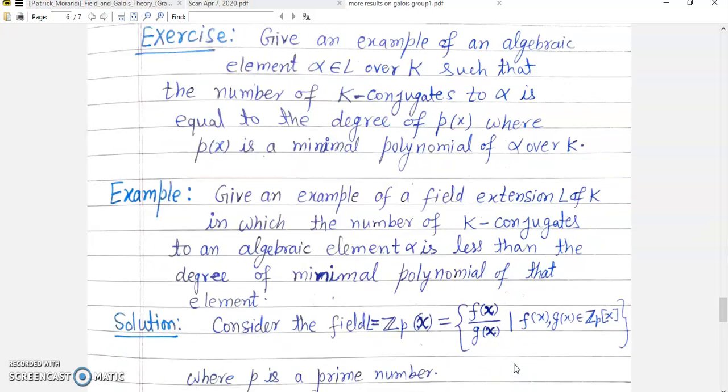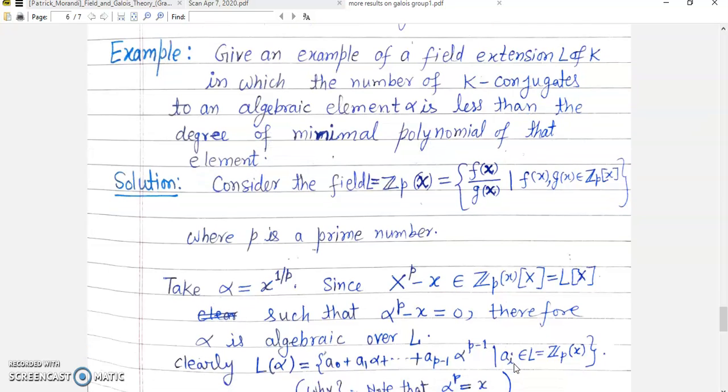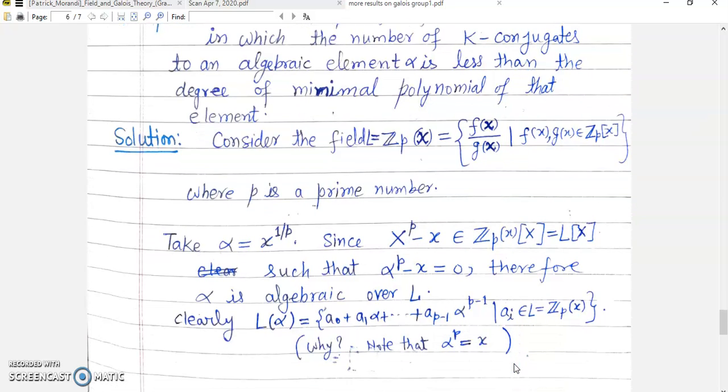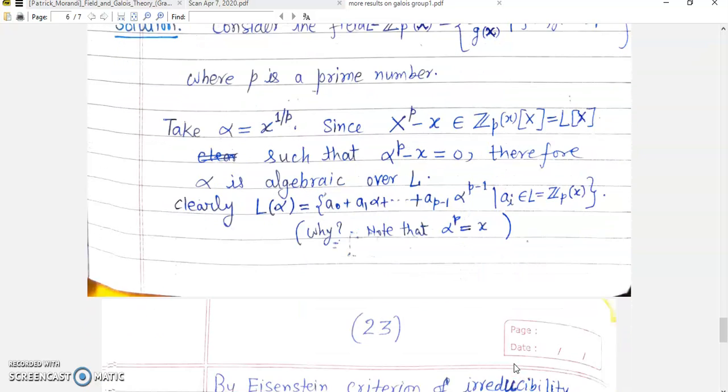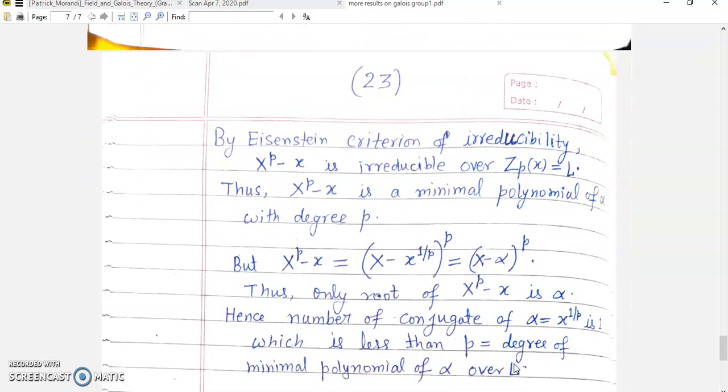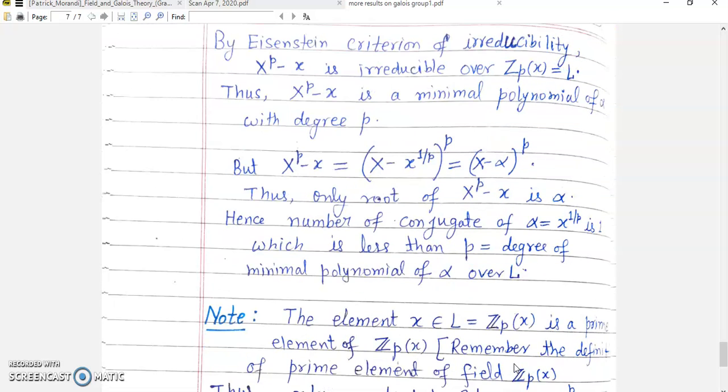Okay, this example is a guiding example. Try to observe that this has only one root. This has only one root. This has only one root. Although this is a minimal polynomial of degree p.